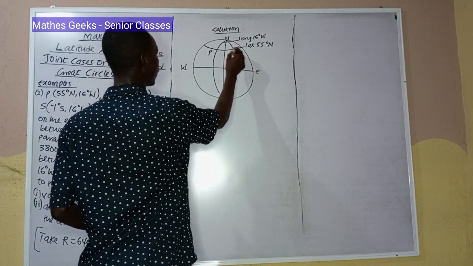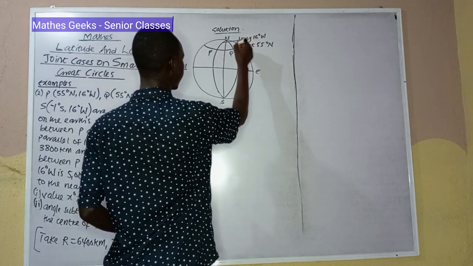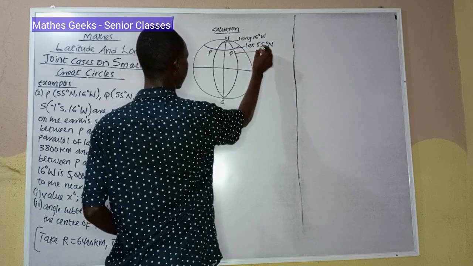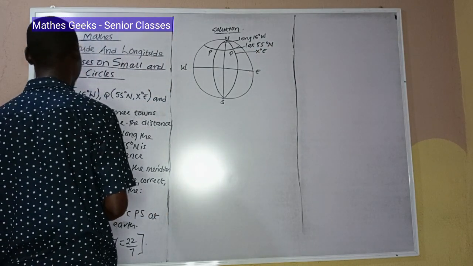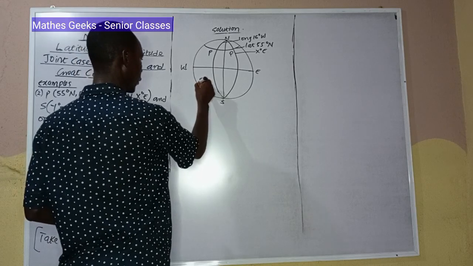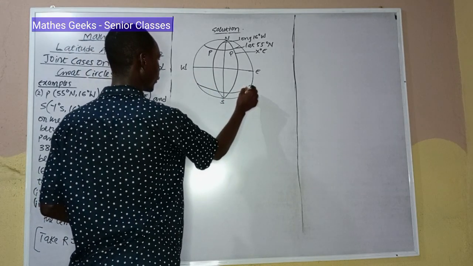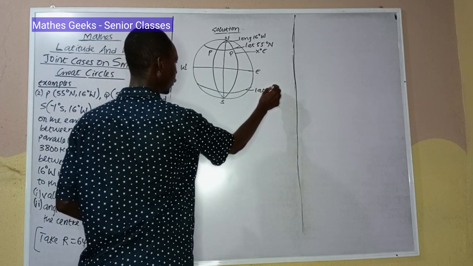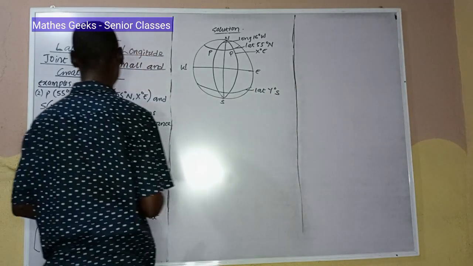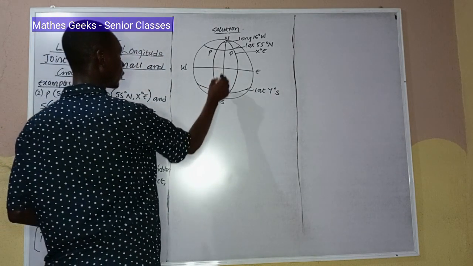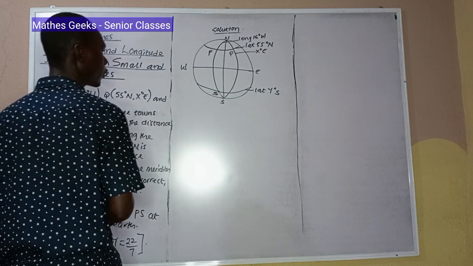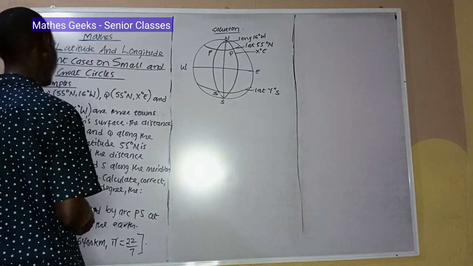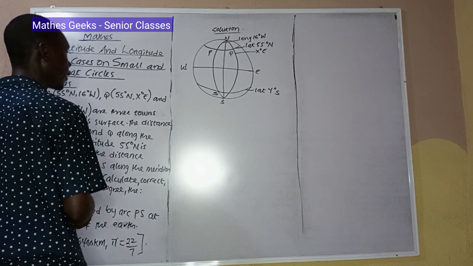So this is Q, X degrees east, and point S, latitude Y degrees south, 16 degrees west. So this is point S. The question says we should look for the value x degrees.